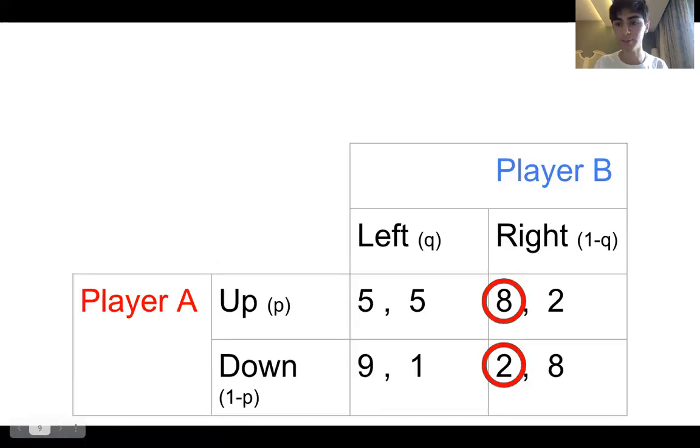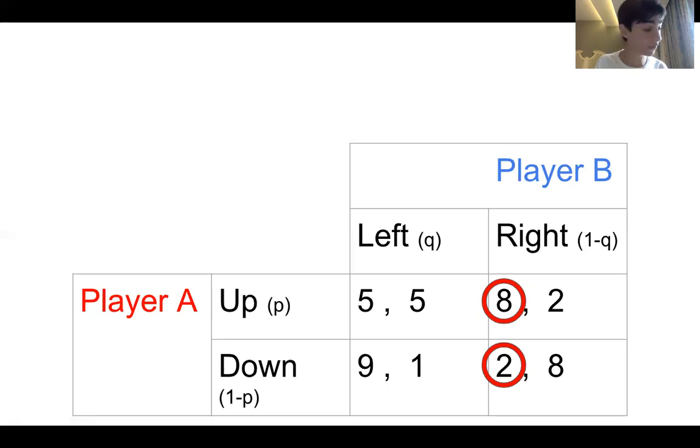But if q was less than 0.6, player A would always choose up. And if player B's q were exactly 0.6, player A would probably just flip a coin. What they did wouldn't matter. The expected payoff would always be the same. So that's how they would do it.